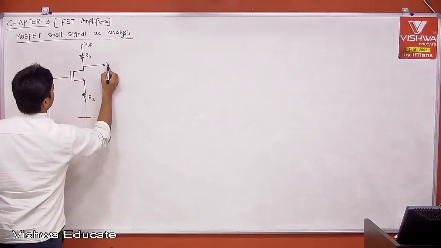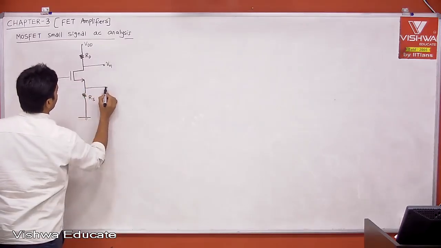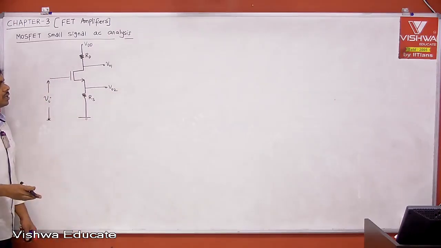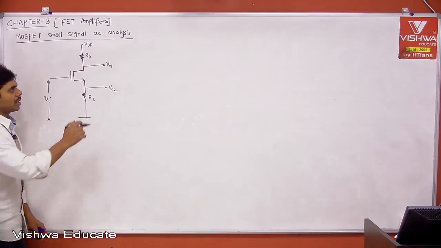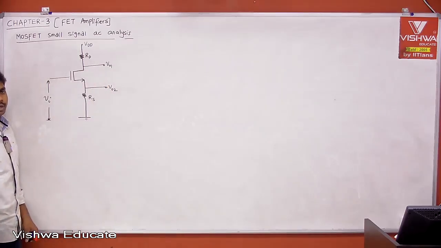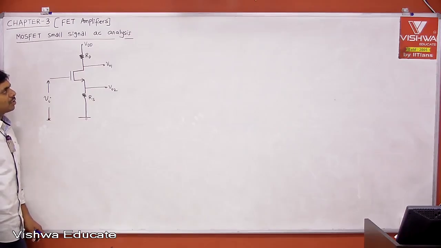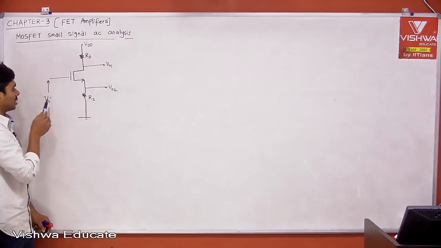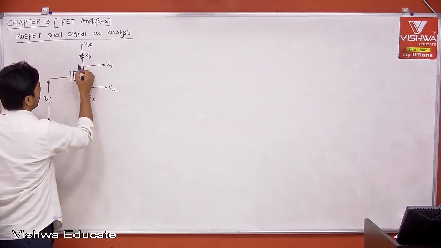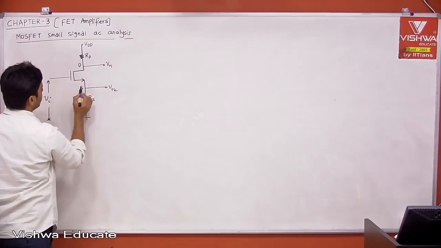Let me call this V01 and let me call this V02. It's not that we have two output voltages. I can take either this as my output or this as my output. Before going to the configurations and observations, let us calculate V01 with respect to Vi and V02 with respect to Vi. This is drain, source, gate.